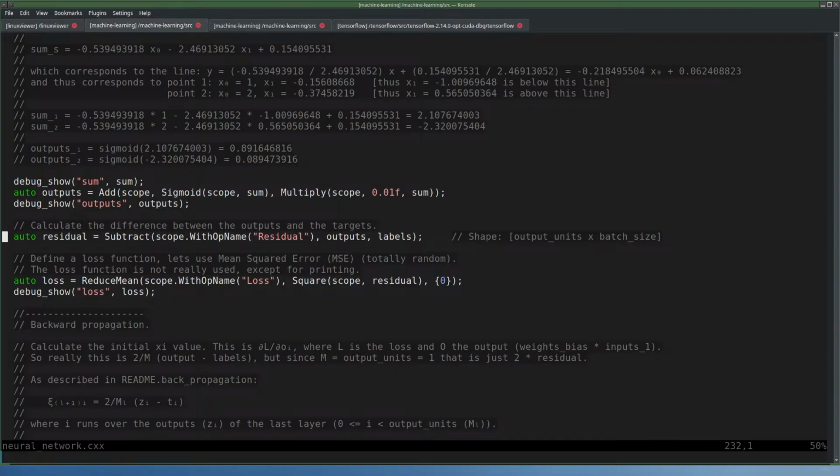Yeah, that's not really correct anymore, I guess. I think this has to be clamped.